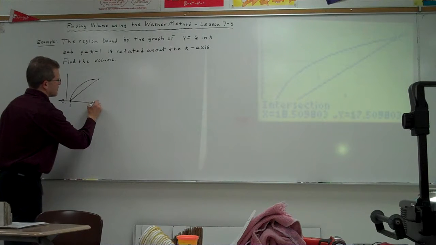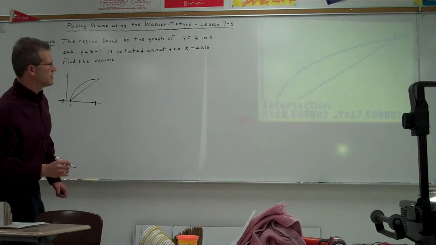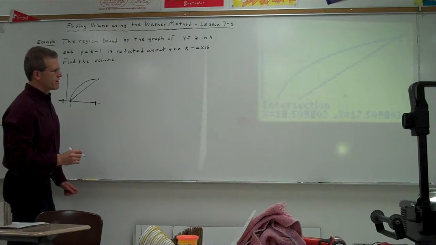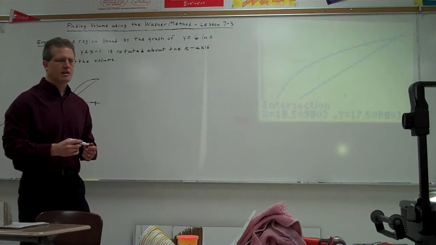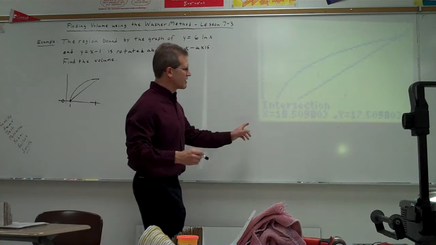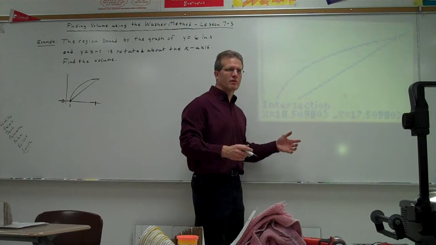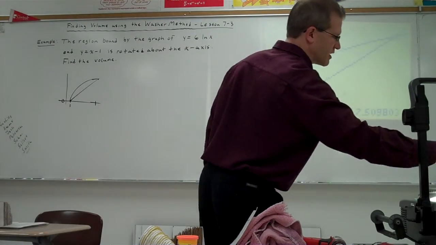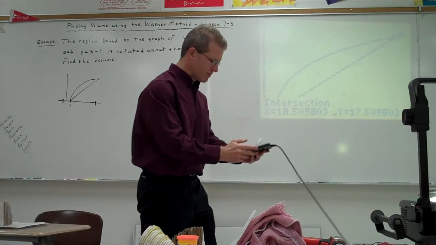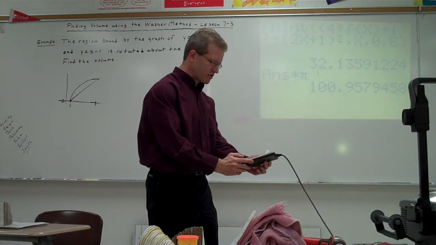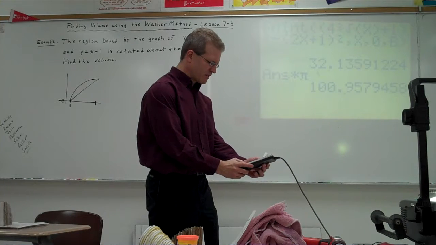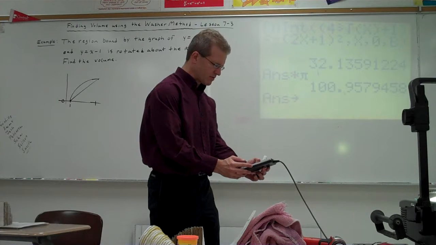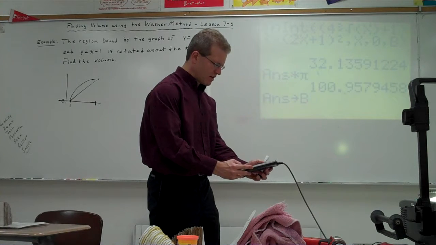This x-coordinate is 18.5. We're going to use the whole thing. And actually, let's store that number, because I don't want to have to write that number over and over, and I might miswrite one of the decimals. So one thing you can do to make this easier is push second quit, then push the store button, which is right above your on button, and let's call this B, alpha B. So alpha B, enter.